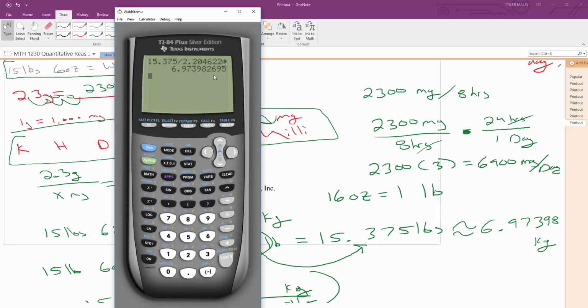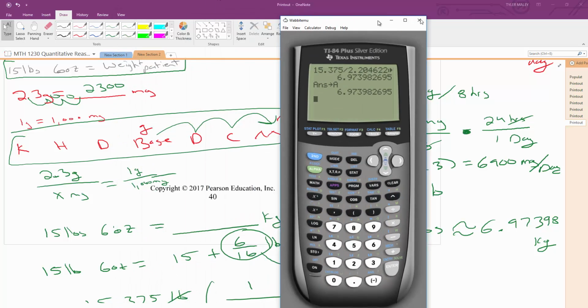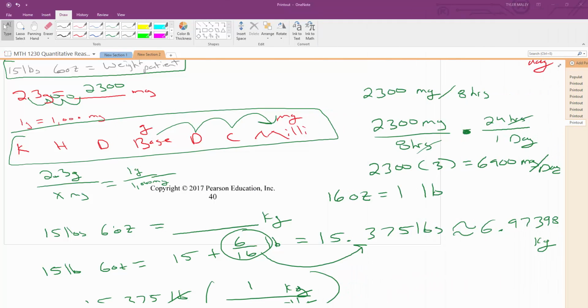Most scientific calculators, or a graphing calculator like the one I'm showing, have a storing feature. If I hit alpha and then A, I'm storing that answer as A, treating it like a variable. Every time I use A in my calculator, it brings up that value. So let me make a note that I stored this as A.